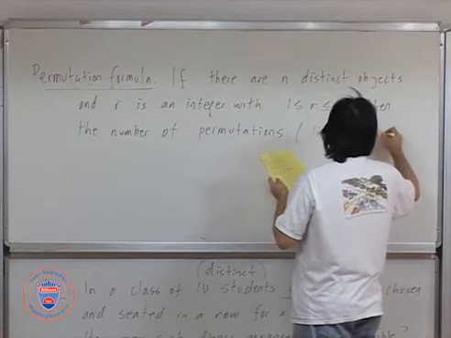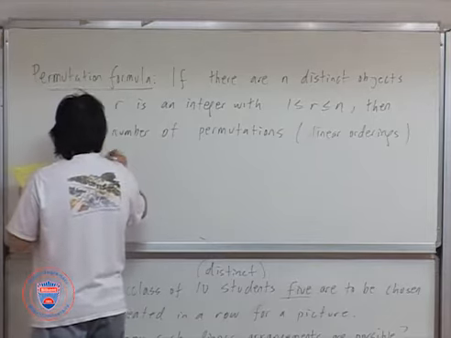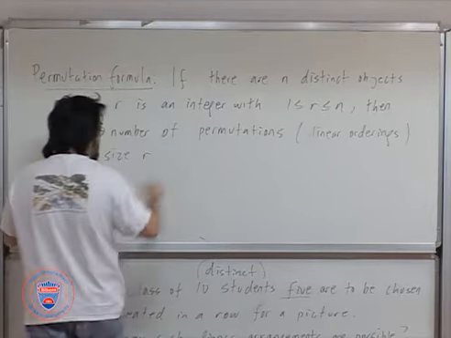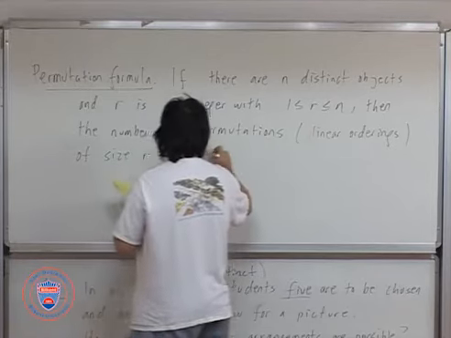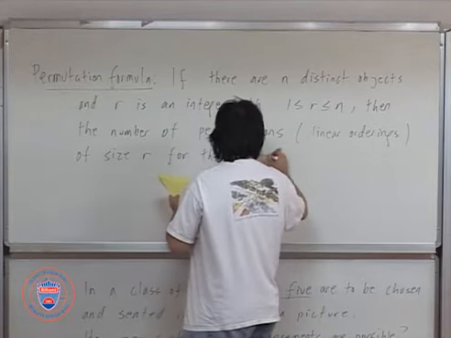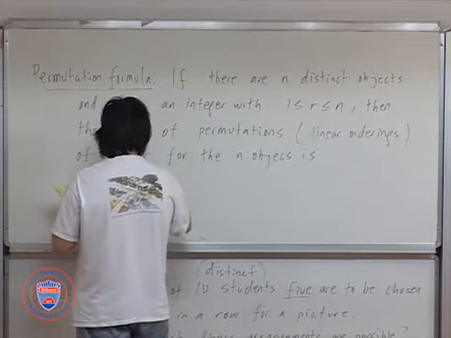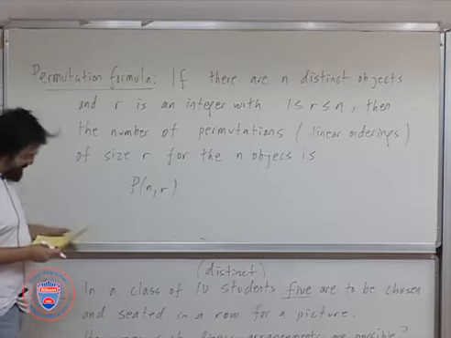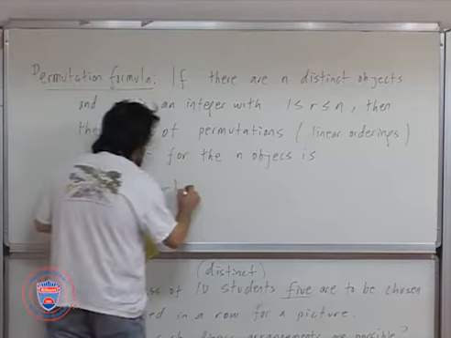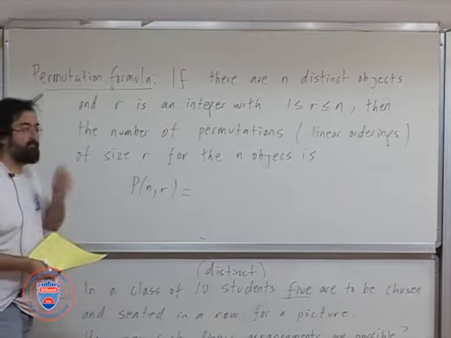So you're putting them in a line of size r. Size is the length of the linear order, size r for the n objects is. The notation is P(n, r), which we won't be using as much, but just know that it's P(n, r). And so what do you expect the formula to be?